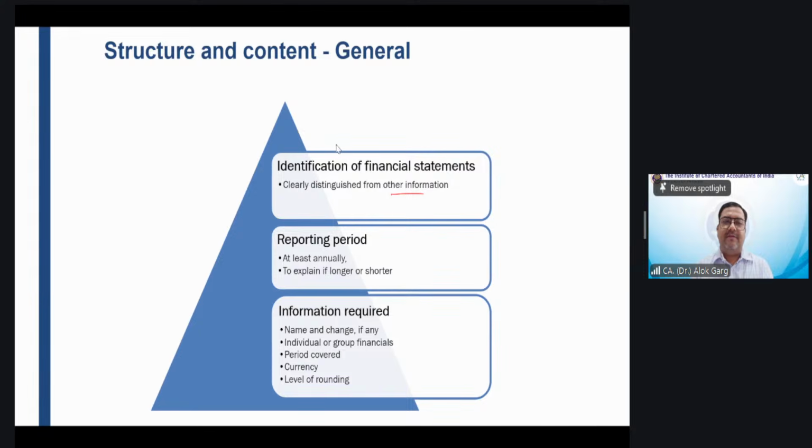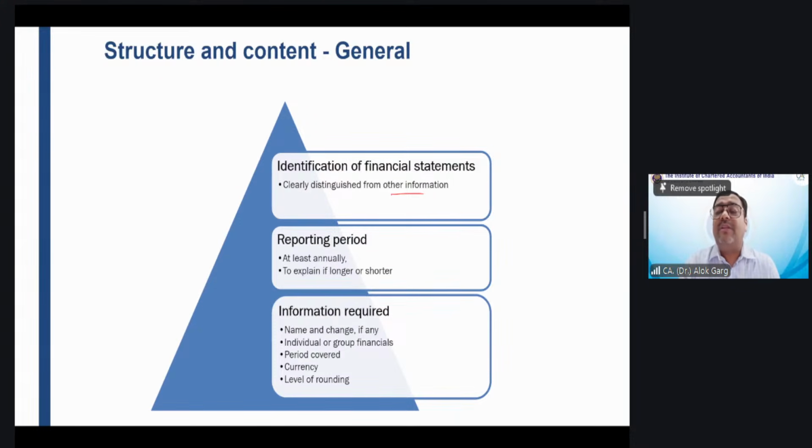Any of you who have not seen an annual report, my request is to please see one. Annual reports are freely available on the websites of the companies, and freely downloadable using Google also.